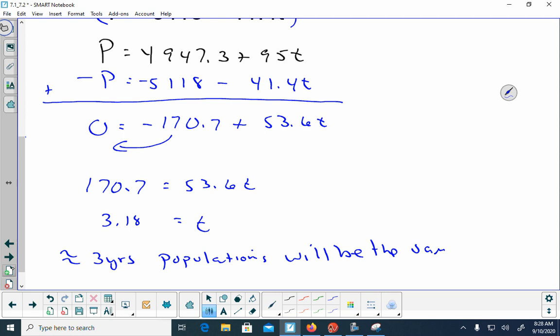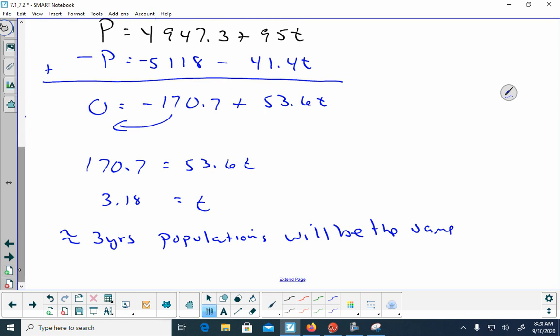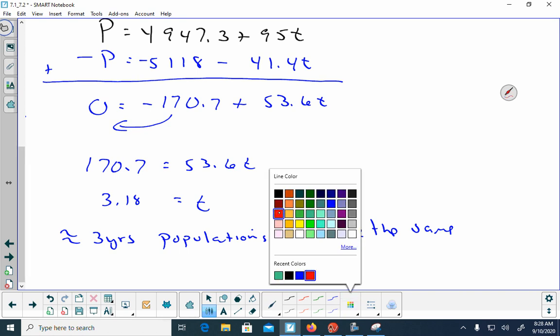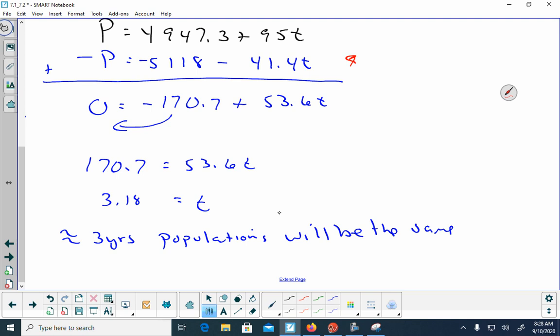And then if I wanted to find out what that population would be, I would put in that 3.18. So I'm going to put it into one equation. Let's say I put it into here. And so I'm going to say population is equal to 5,118. Actually, I'm doing the one above. Plus 41.4 times 3.